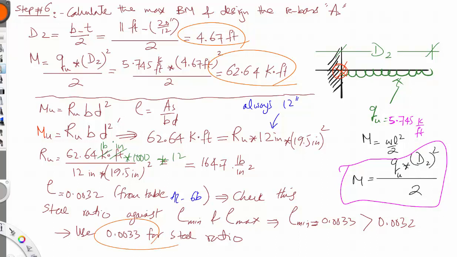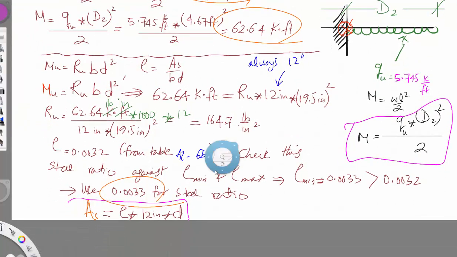Now to calculate the steel, area of steel is equal to steel ratio multiplied by b, which is always 12 inches, multiplied by d. That is an equation. So let's do the numbers.